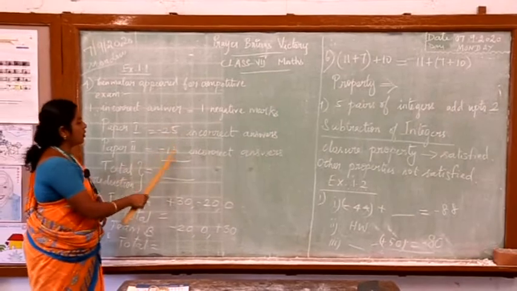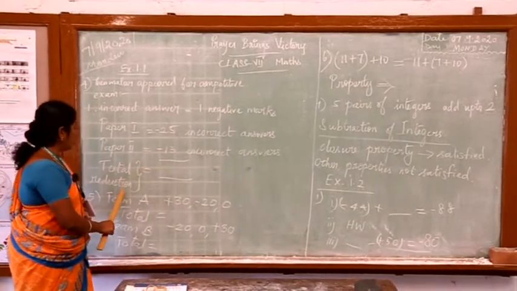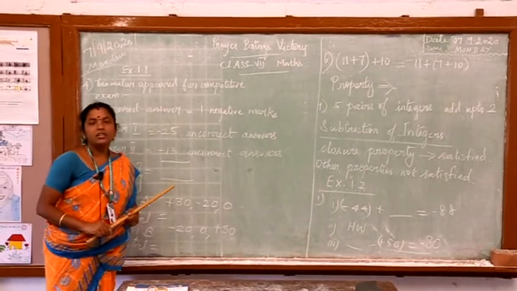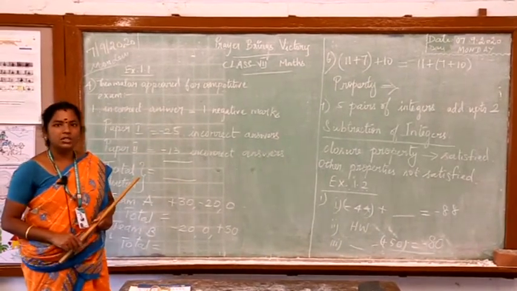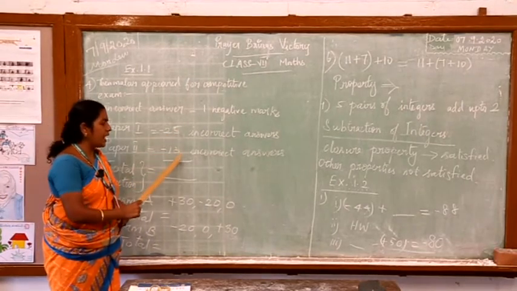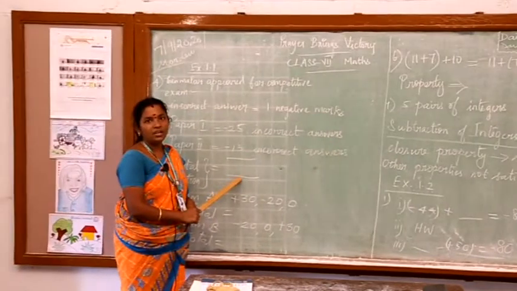We are going to find the total of these two, so that we can see the total deduction of marks. As I said in the last class, if you have the same sign, we have to add both the numbers and give the same sign.